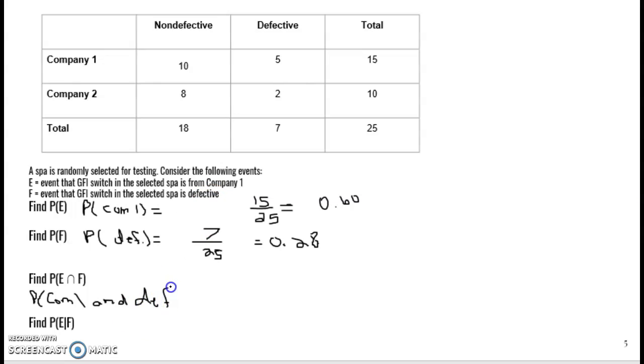Okay, so they have to have both of those conditions if this is an and statement here. And I can look at company 1, and the number of defective switches is 5 out of the total number of switches that are there, 25. So the probability of coming from company 1 and being defective is 5 out of 25, or 0.20.